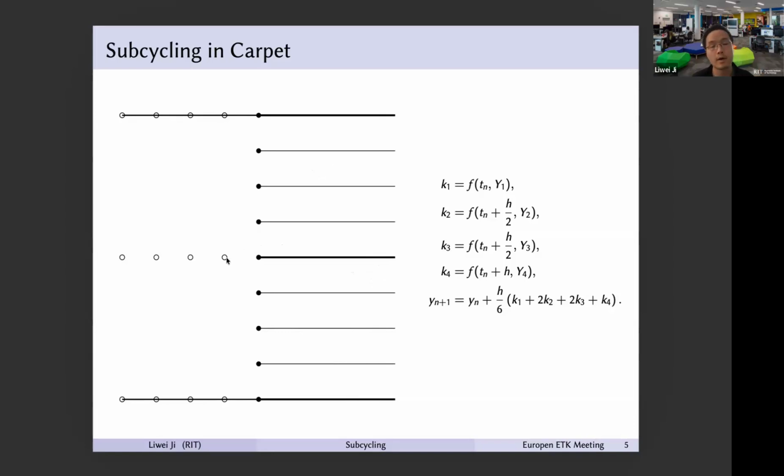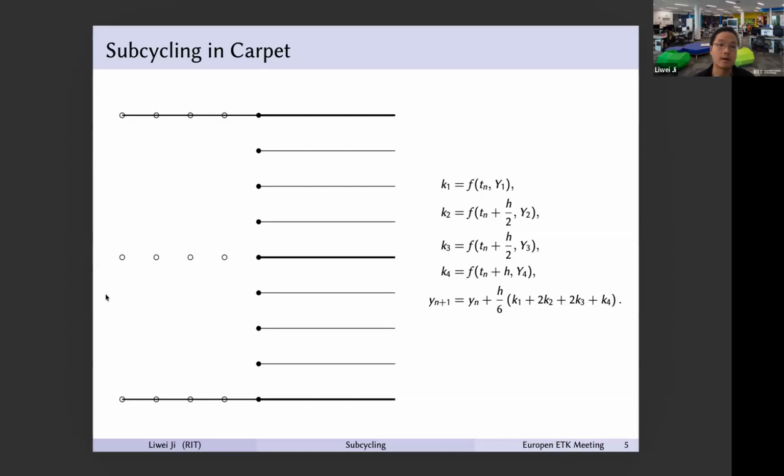And one circle represents one size of the ghost points required by the finite difference you're using. So suppose that we have two ghost points in your simulation, then this one point represents two ghost points. If you have two, that's double, and if you have three, you have triple, and so on.